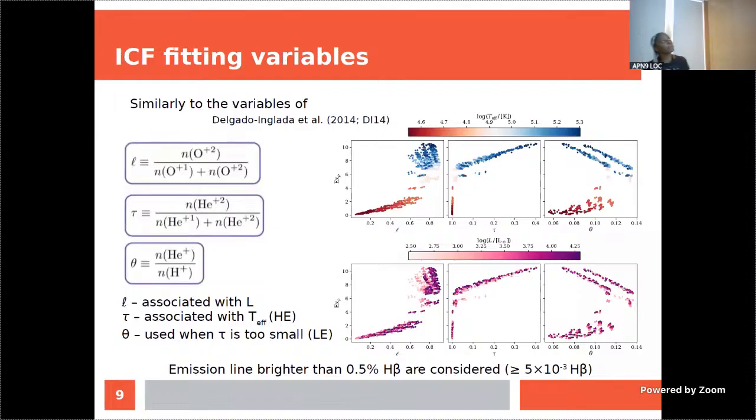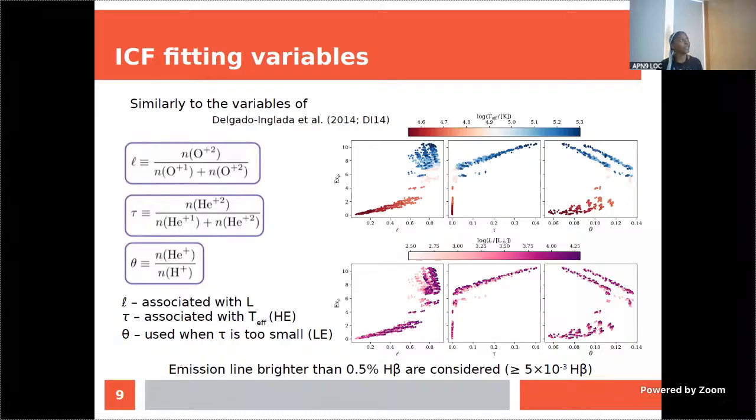Then another thing that they did, similarly to the most used recipe nowadays for the ICFs, we defined 3 variables. The first one has to do with the luminosity of the planetary nebulae, the second one, let's say, the effective temperature, and the third one is for the case in which this one is too small.